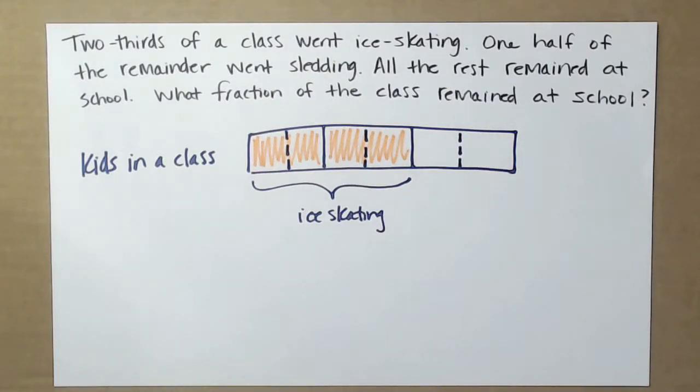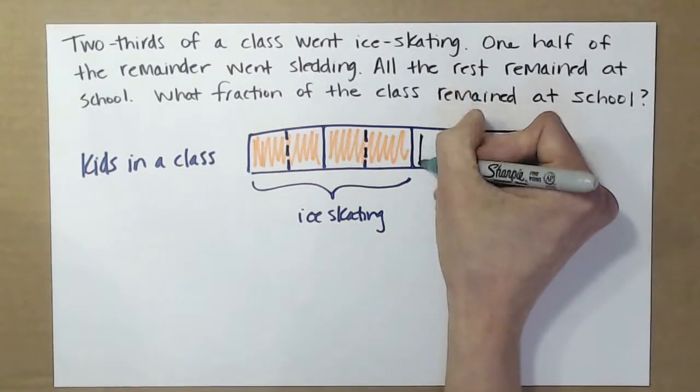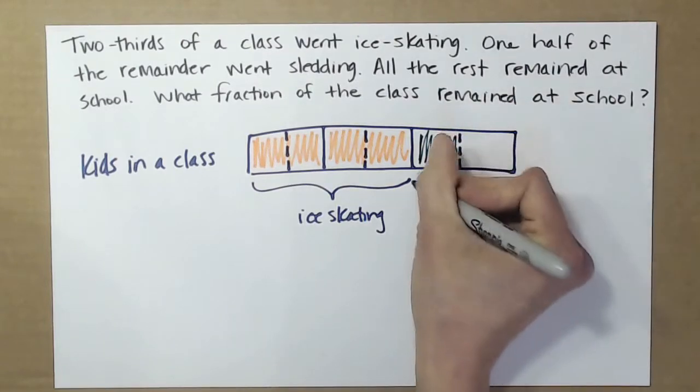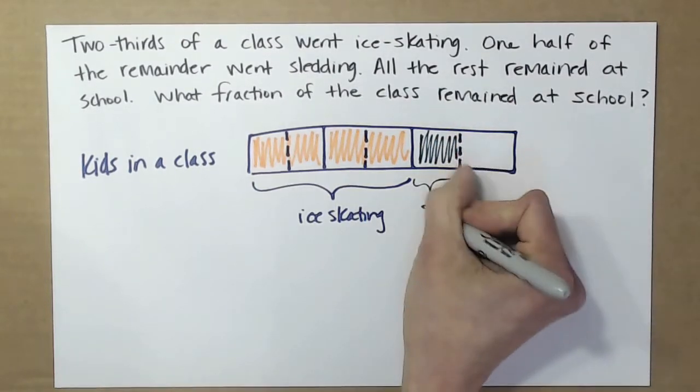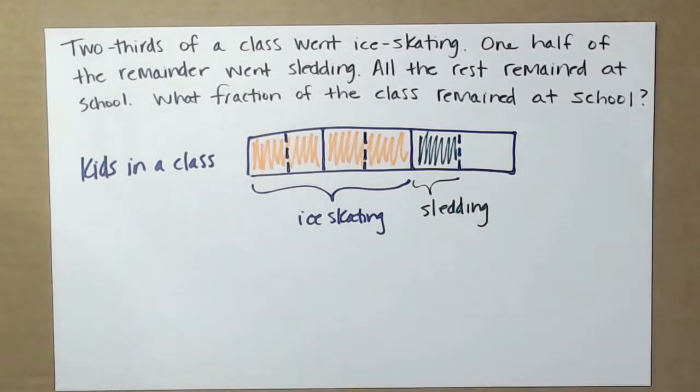So let's see here. It says 1/2 of the remainder went sledding. So if we want to color in half of the remainder, this is the remainder, and we color in half. So these people went sledding. What is the question? The question is, what fraction of the class remained at school?